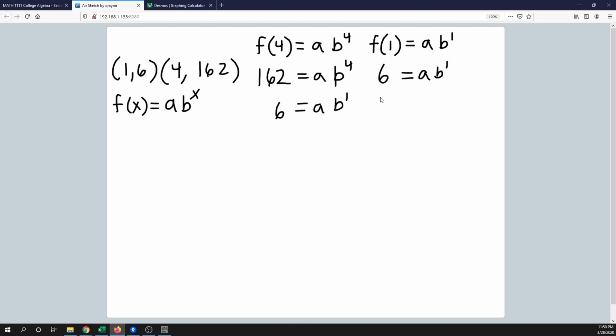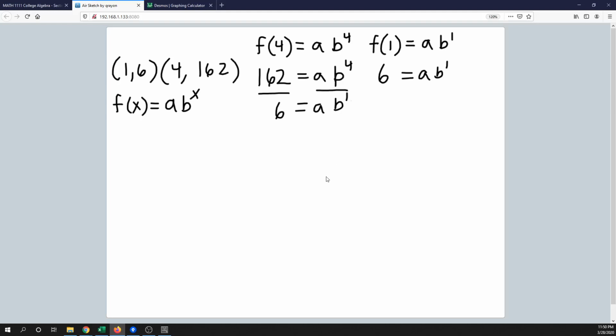So that's normally how I like to do that. And so I'm going to divide both sides like this. I'm going to take 162 divided by 6, and ab to the fourth divided by ab to the 1.